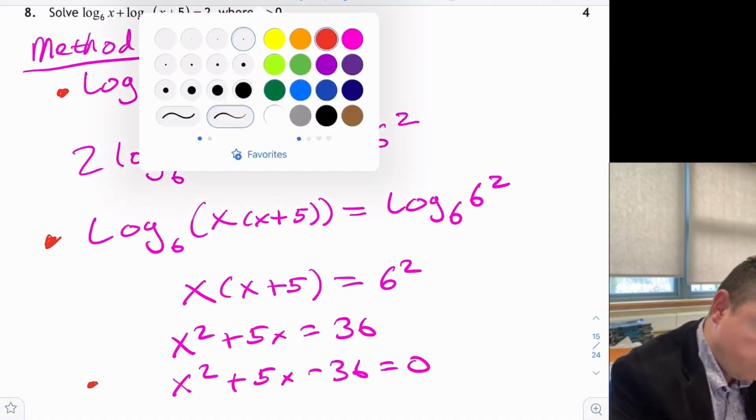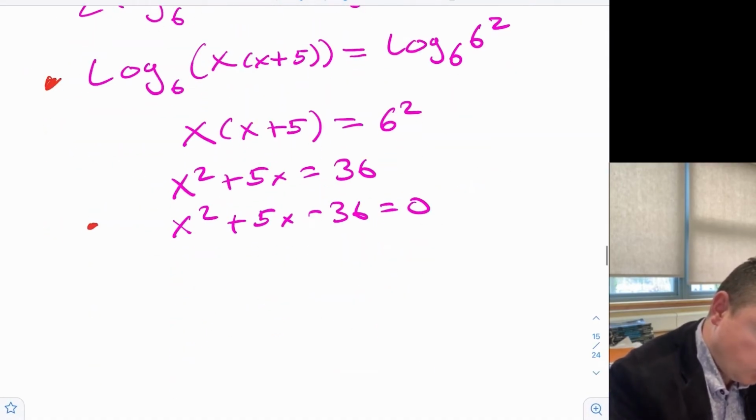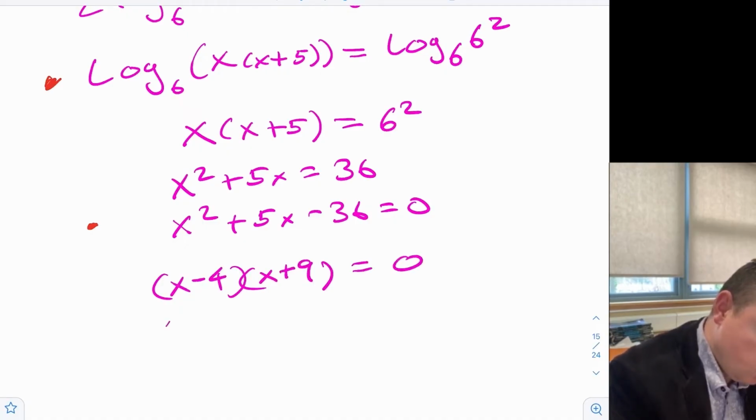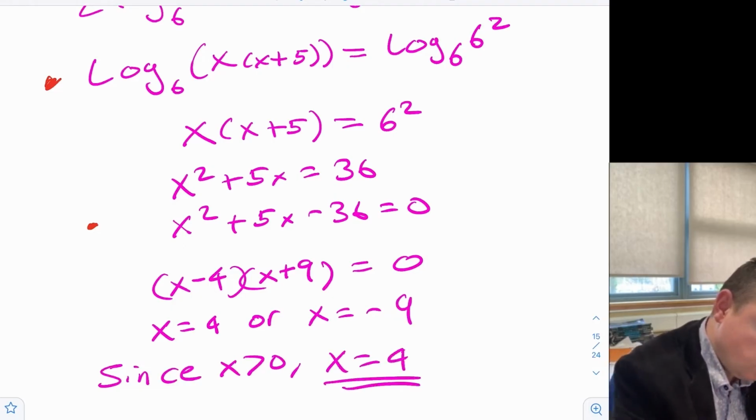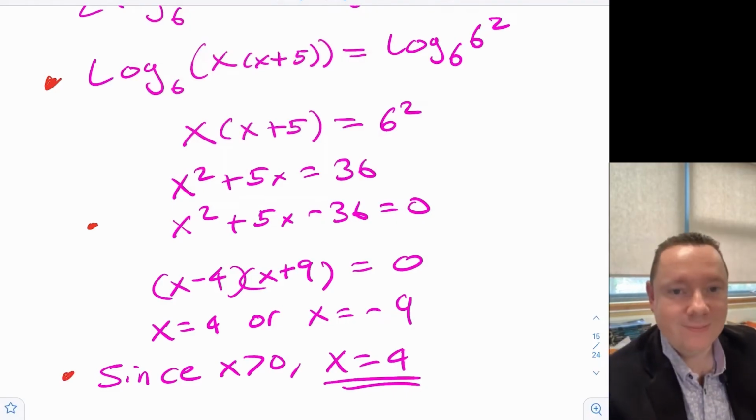And then for our final mark, solving that equation, we get x and x, 9 and 4, plus 9 minus 4 equals 0. So x equals 4 or x equals minus 9. But since x is greater than 0, x equals 4 is the answer. And there's our final mark there for 4 marks.